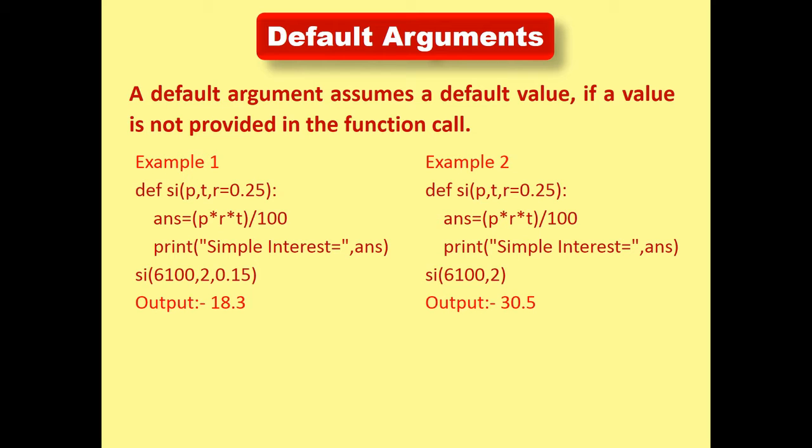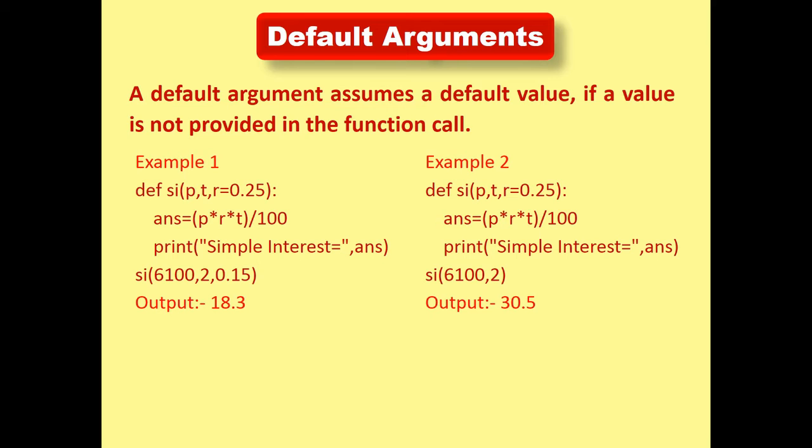In example number 2, my dear students, if you carefully read example 2, in the function call that is SI 6100, 2, we pass only 2 arguments, but in the function header there are 3 arguments or parameters.